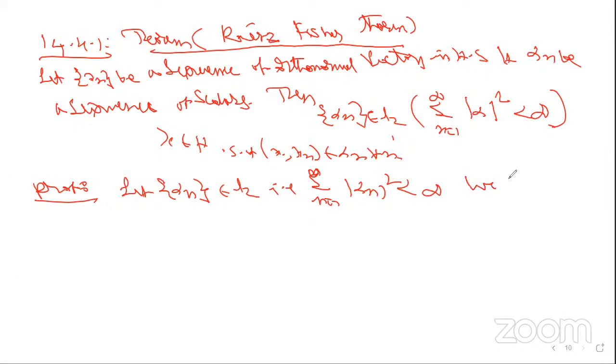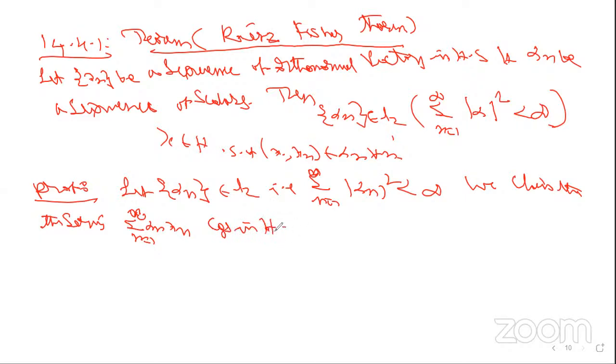We claim that the series sigma n equal to 1 to infinity alpha n xn converges in H, the Hilbert space.